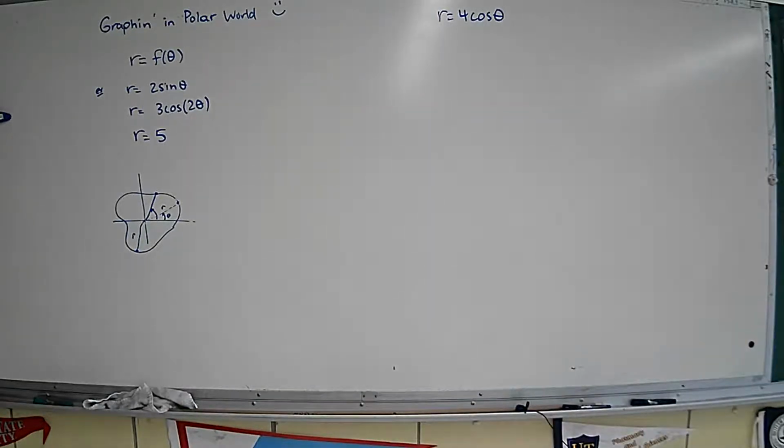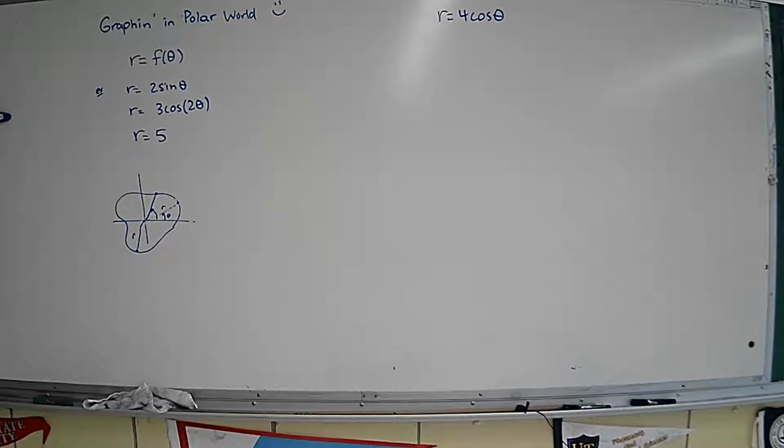Okay, so that's a circle. Agreed? What's the radius of that circle appear to be? The radius appears to be 2, and I would agree with that. What's the diameter then? 4. Okay?